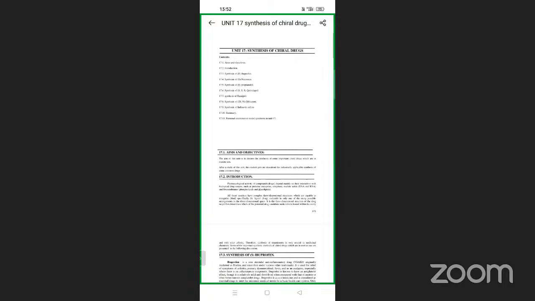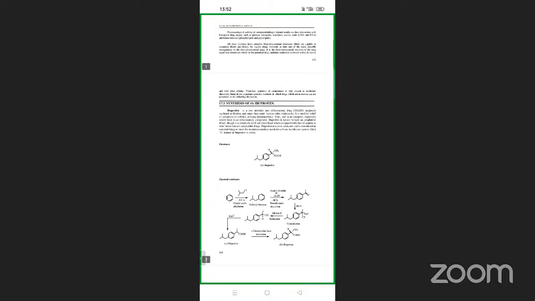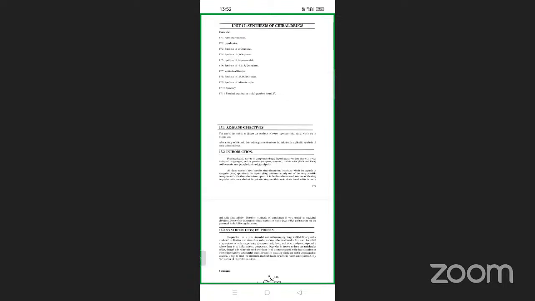Okay, so as we discussed yesterday, chirality plays an important role in medicinal chemistry. Due to the difference in the isomers, the orientation of the groups or the location of particular atoms or groups, they will differ in their activity.